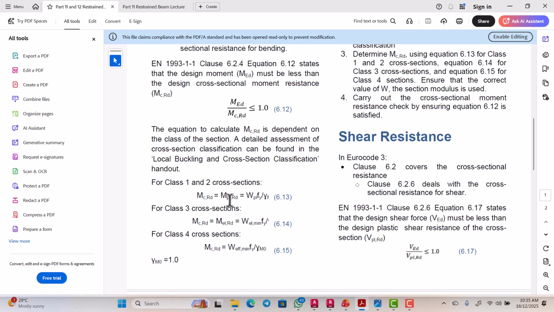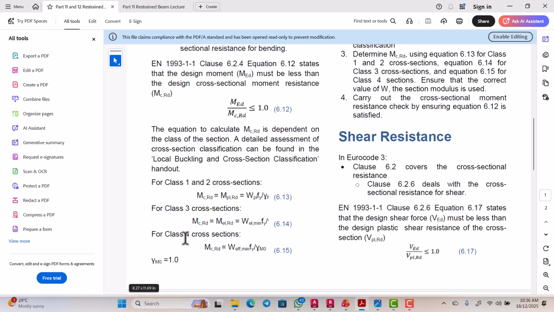During our design demonstration, we will look at how we can arrive at this classification. For a class 3 cross section, this is how you calculate your resisting moment, which is equation 6.14.